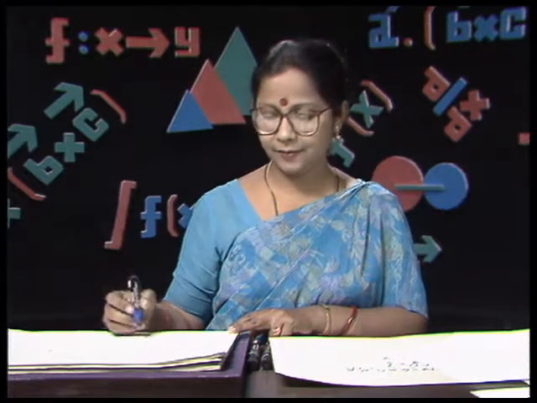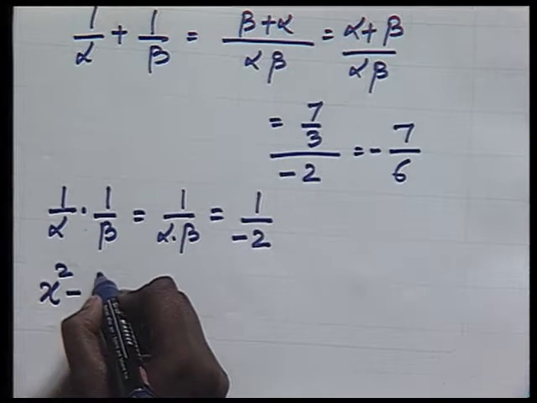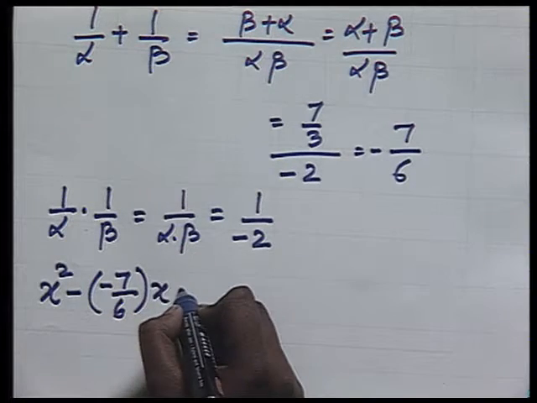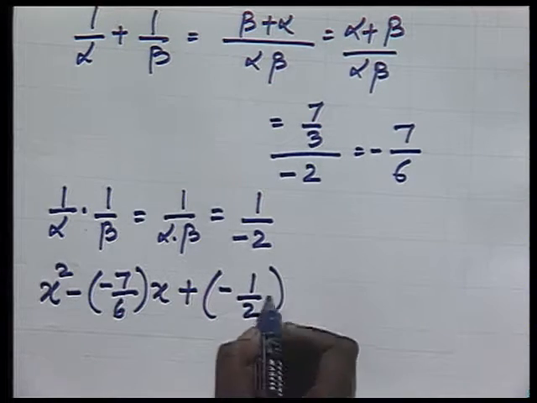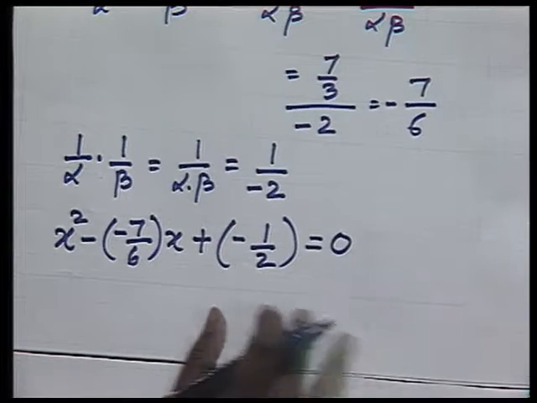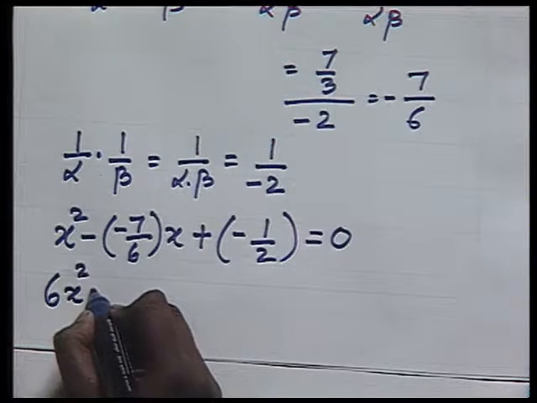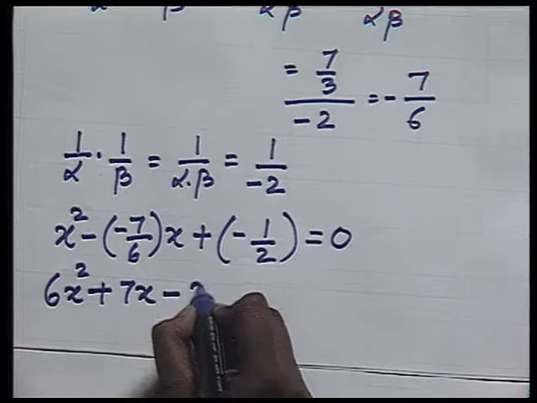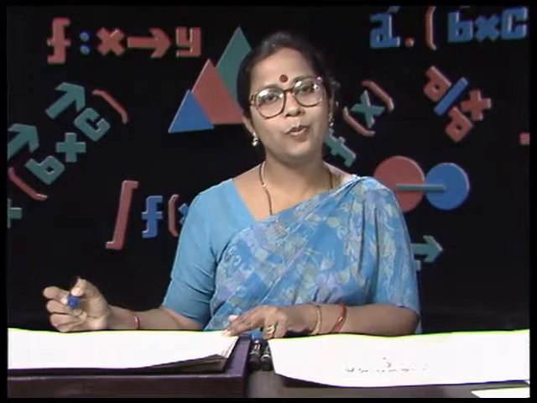The equation in this case will be x square minus the sum of the roots, that is minus 7 upon 6, into x, plus the product of the roots, that is minus 1 upon 2, equal to 0. This can further be simplified and written as 6x square plus 7x minus 3 equal to 0, which is the required equation.